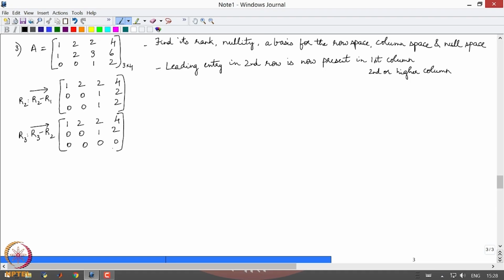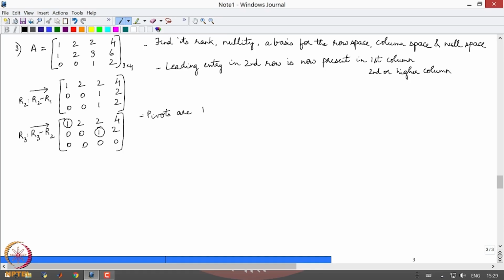Okay. So, now if we look at this matrix, it satisfies all the properties of a row echelon form. So, all the leading entries, so this is a leading entry, this is a leading entry, we call them pivots. So, all the pivots are 1 and that satisfies the first property, and the pivots are present in the succeeding columns as the rows go on.